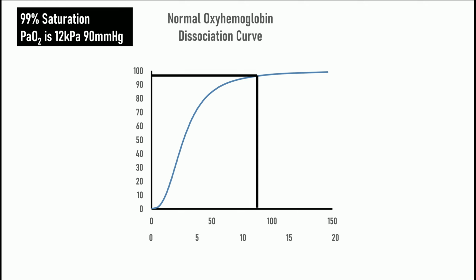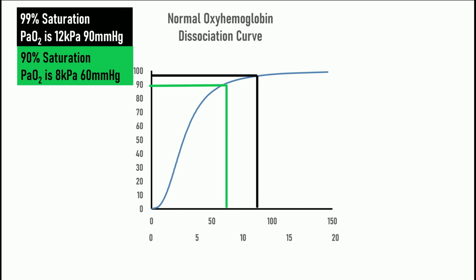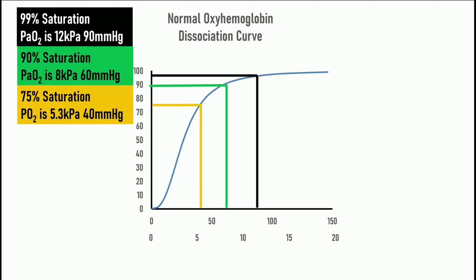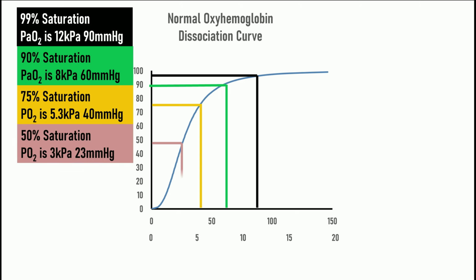Going down the curve, at 90% saturation, the PaO2 is 8 kilopascals, 60 millimeters of mercury, and that is where the steep part starts. At 75% saturation, the PO2 is 5.3 kilopascals, or 40 millimeters of mercury. That's the mixed venous point. And finally, at 50% saturation, the PO2 is about 3 kilopascals, or 23 millimeters of mercury.